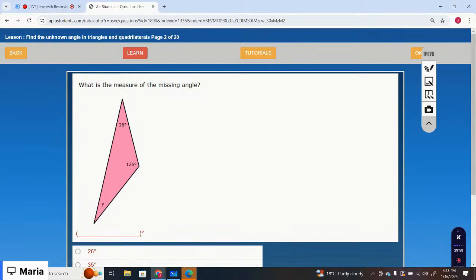Which is the correct option? 26. Yes, option number 1 is the correct option. That is 26 degrees.